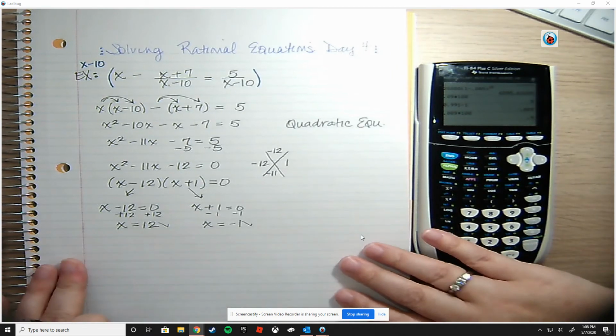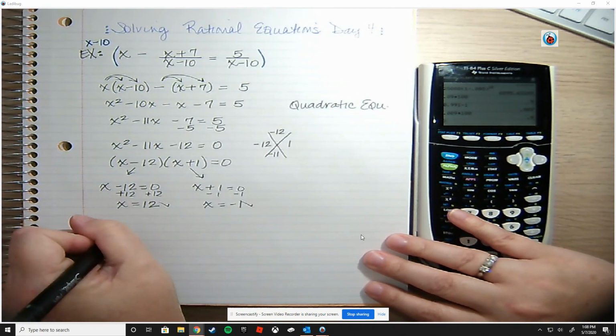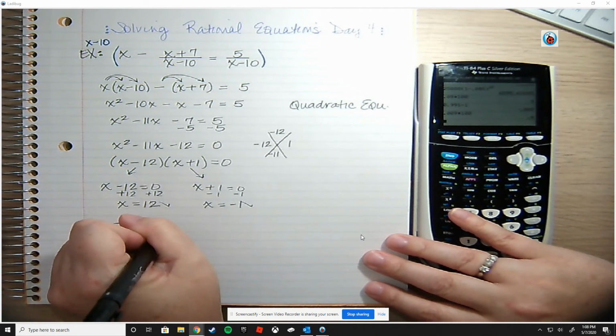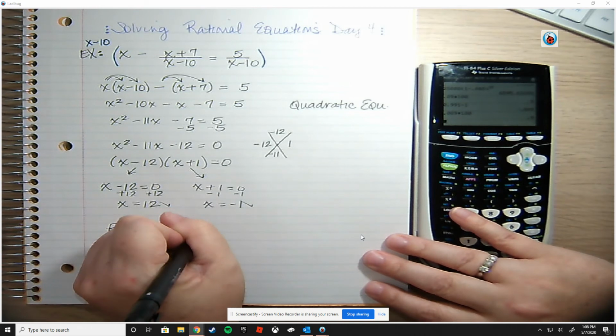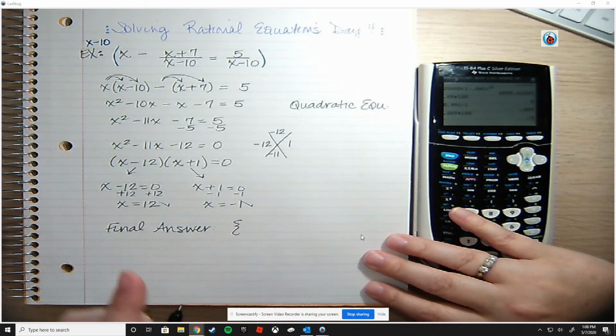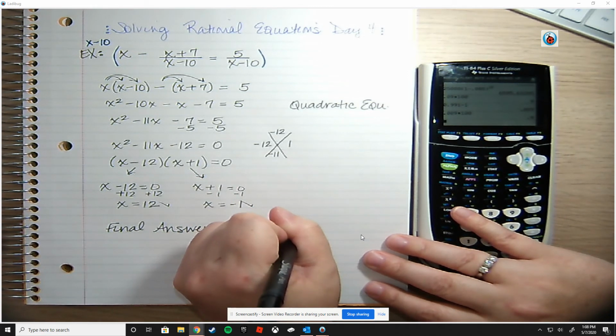Okay, so when you're in Delta Math, you need to identify your final answer. You need to type curly brackets, and it'll be 12, comma, -1.